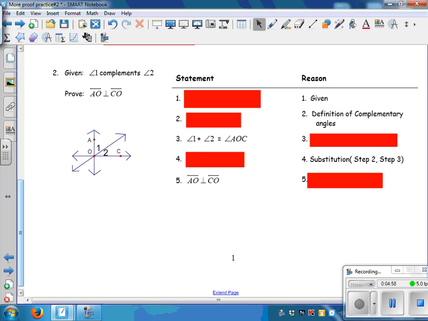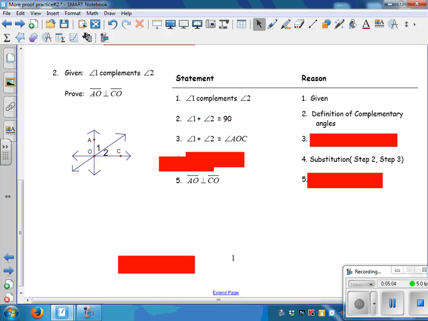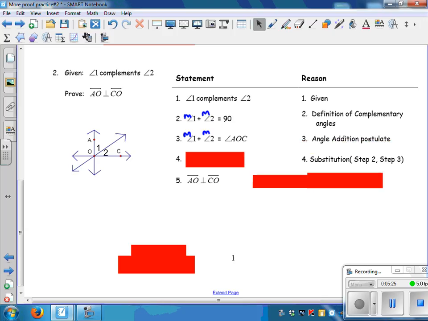So we say that angle 1 complements angle 2, that's your given. And by definition of complementary angles, the sum of the two angles is 90. And I should have a measure, the letter M's there. The measure of angle 1 plus the measure of angle 2 equals 90. Then I can put in the measure of angle 1 plus measure of angle 2 equals the measure of angle AOC, which is by angle addition postulate.